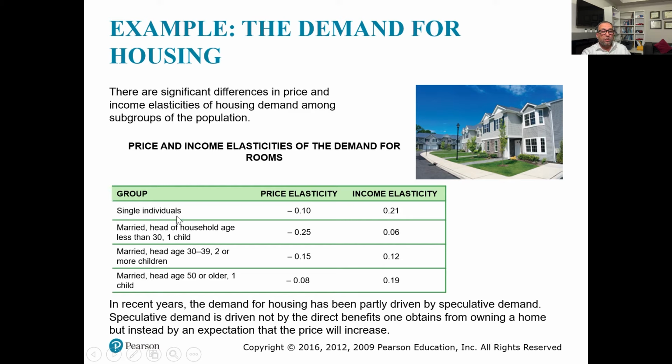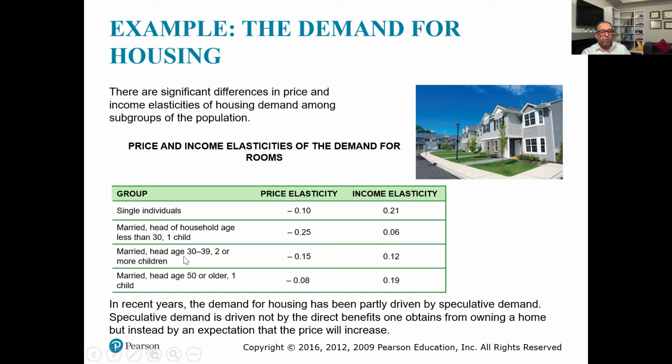So we see here that for single individuals, the demand is quite inelastic to price, negatively, and income elasticity is also inelastic, but positive. For a married head of household, age less than 30, with one child, the elasticity is improving, still inelastic, but improving as compared to a single individual. But income elasticity is decreasing in that case.